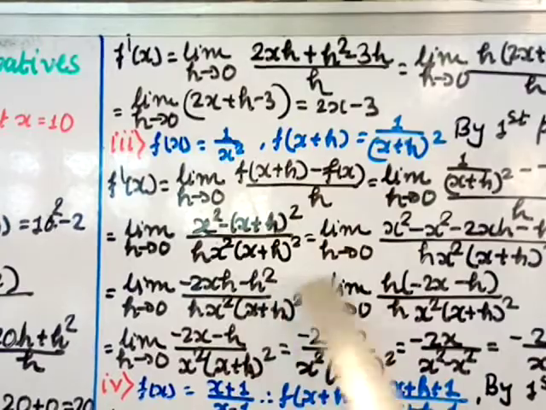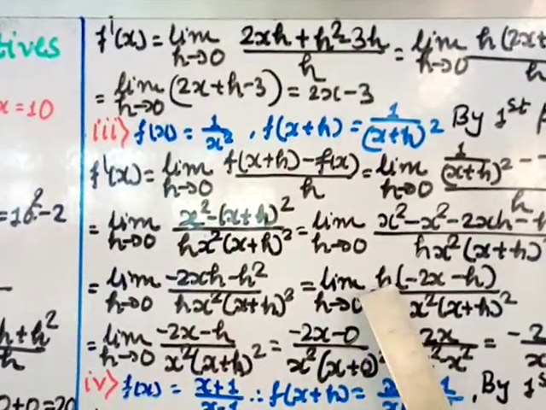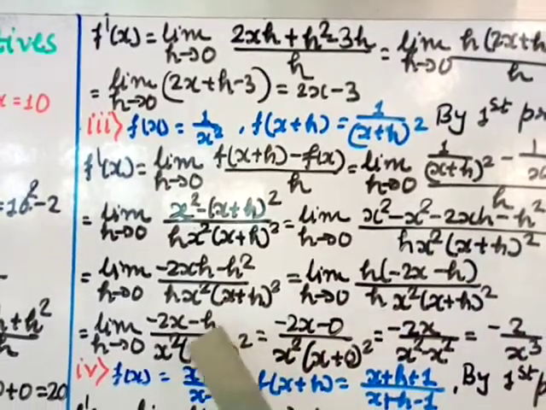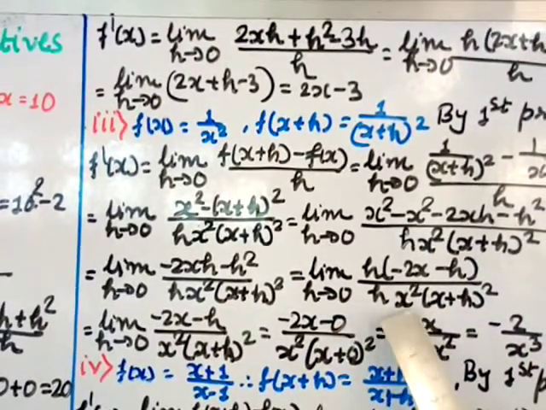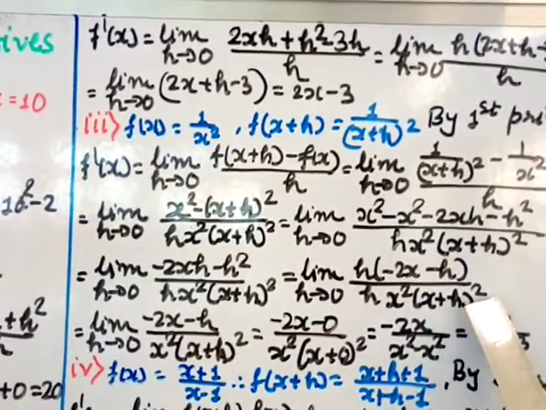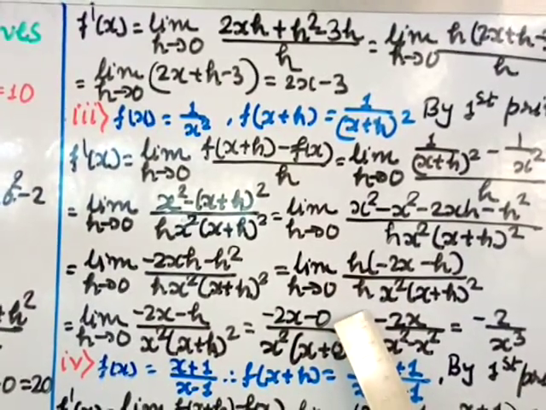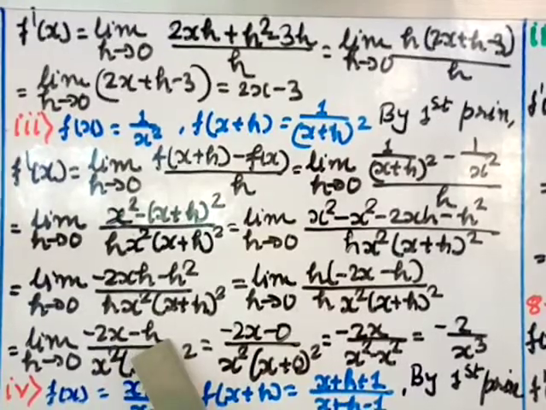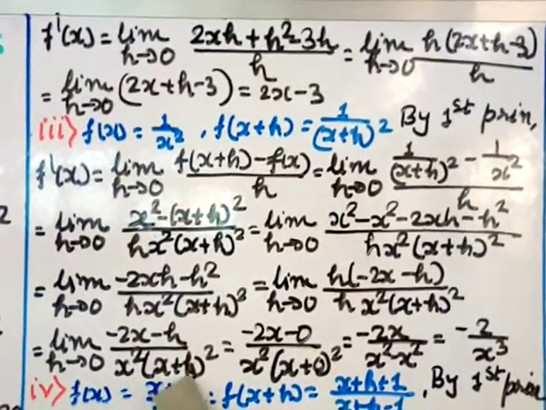From the numerator h common, so limit h tends to 0, h, here remains minus 2x minus h, divide by denominator as it is, h into x square into x plus h whole square. This h and this h cut, so we get limit h tends to 0, minus 2x minus h divide by x square into x plus h whole square.